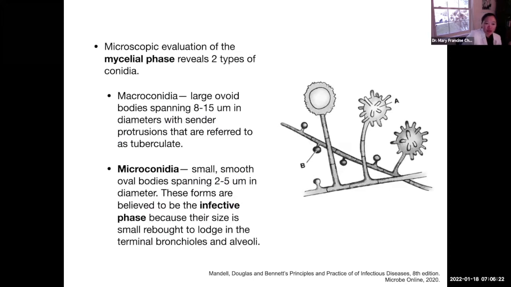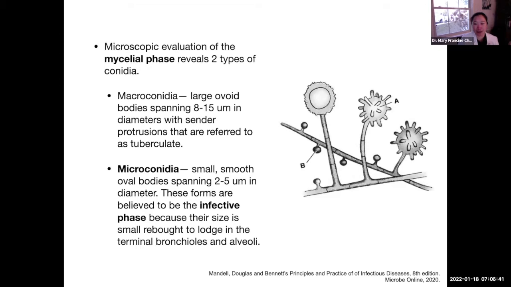The microscopic evaluation of the mycelial phase will reveal two types of conidia, which you will see on the right. So you have your macroconidia, which is the one that's labeled A. And they are large ovoid bodies that span 8 to 15 micrometers in diameter.